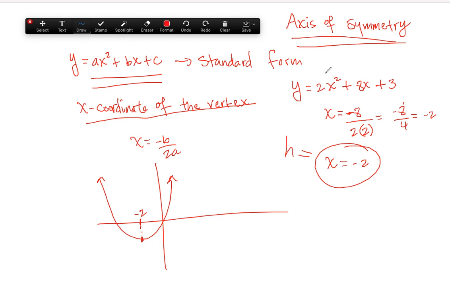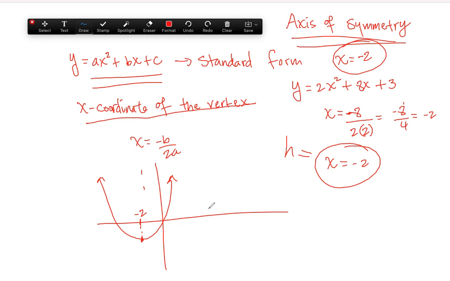So here, minus b over 2a is both the x-coordinate of the vertex, so it's h, and therefore automatically the axis of symmetry. So right here, the axis of symmetry in this case would be what again? Negative 2. Yeah, the line x equals negative 2 would be the axis of symmetry. There you go. Okay, cool.